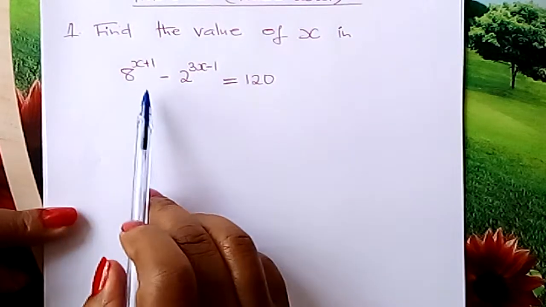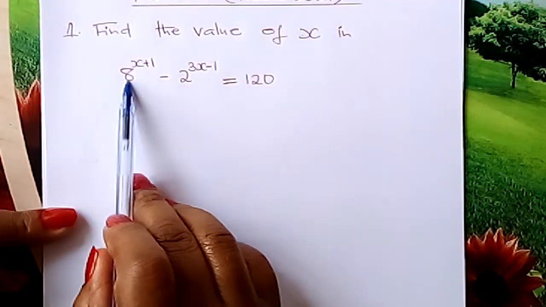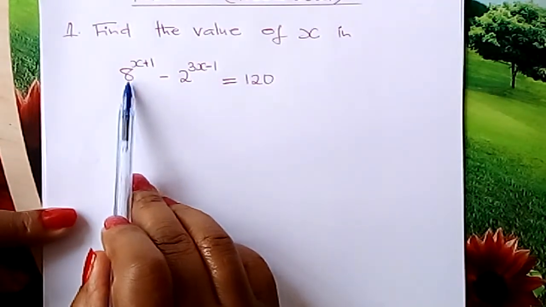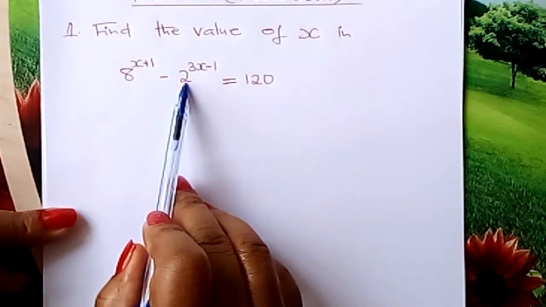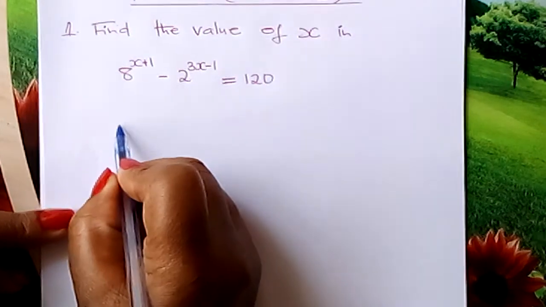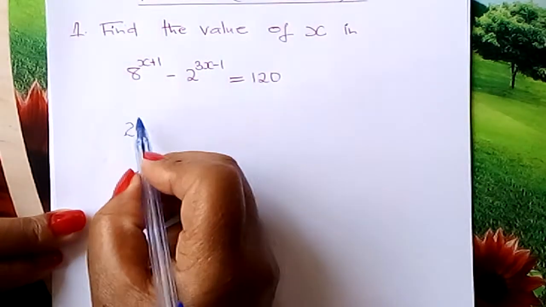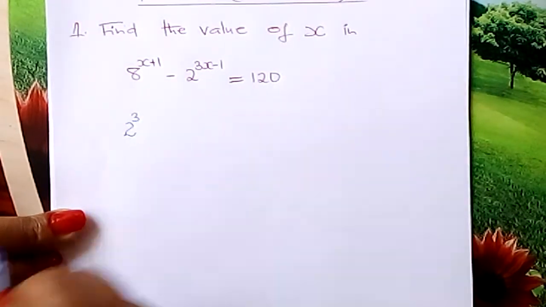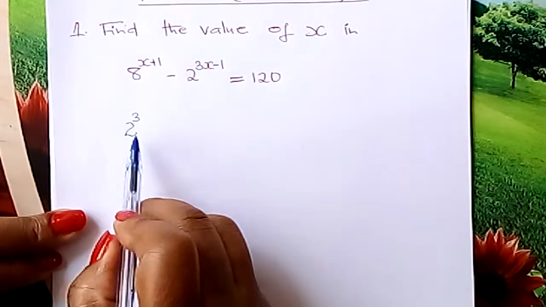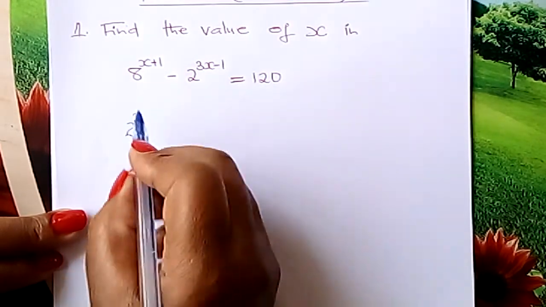So learner, the first thing that you do here is to express this 8 to base 2. So 8 is the same as 2 raised to what? Raised to 3. 8 is the same as 2 raised to 3.